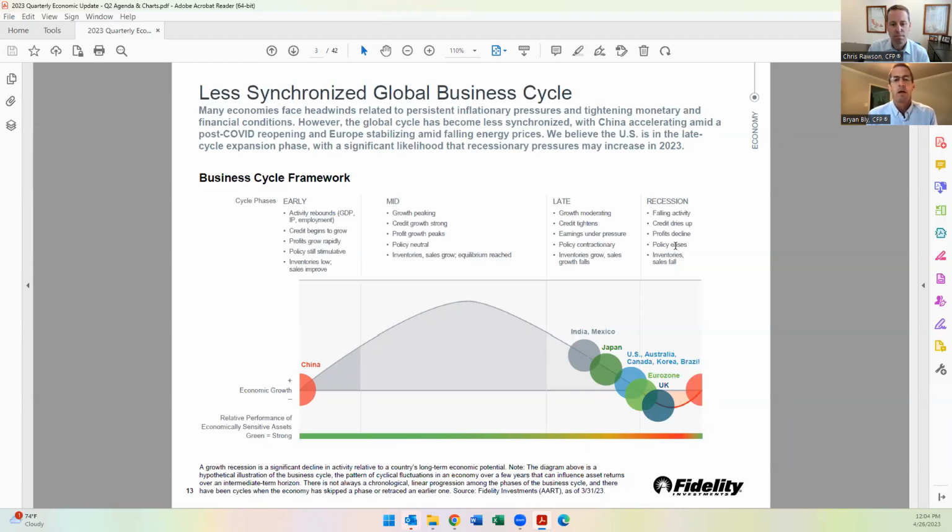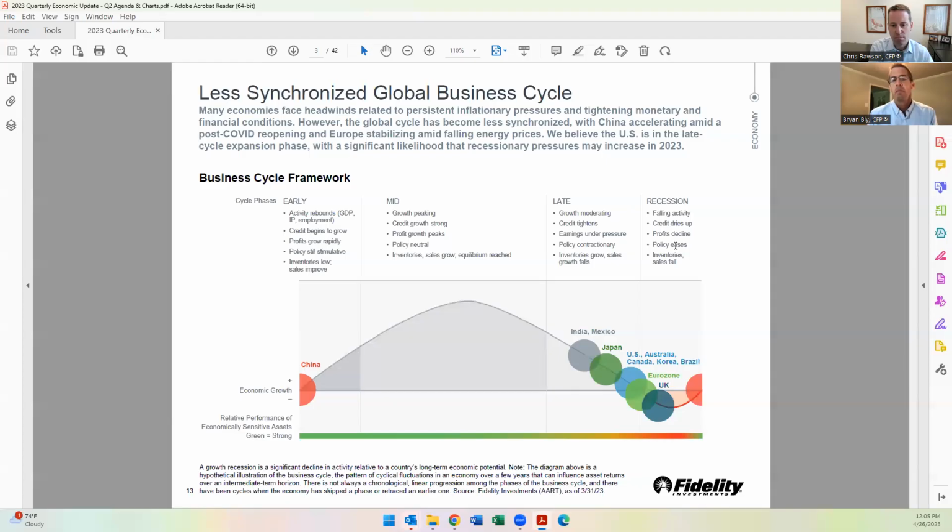On the outside of the U.S., in Europe, the warmer than typical winter has helped reduce recessionary risks there, at least in the near term, as well as improve consumer and business sentiment.